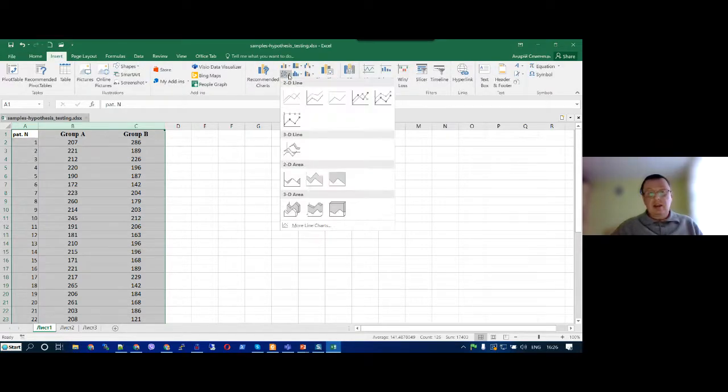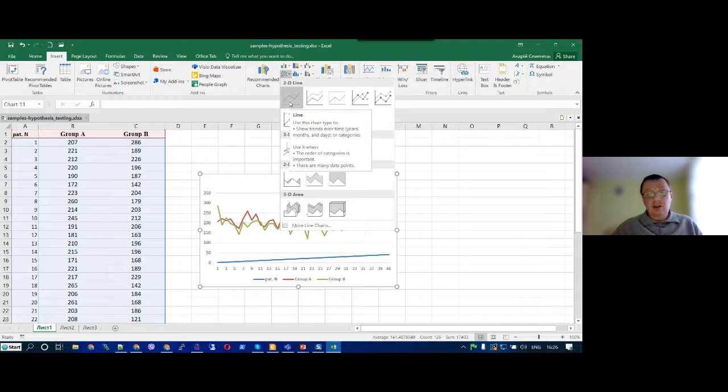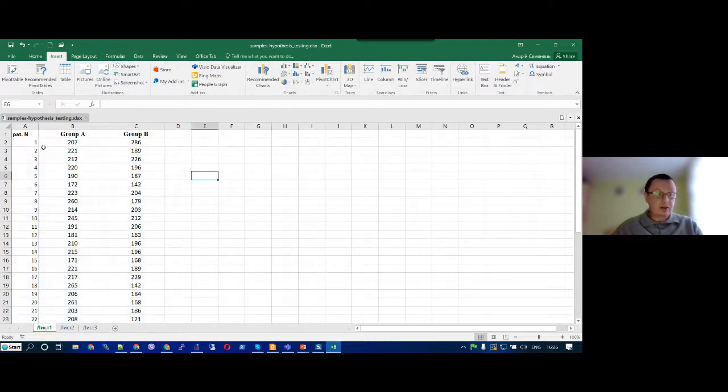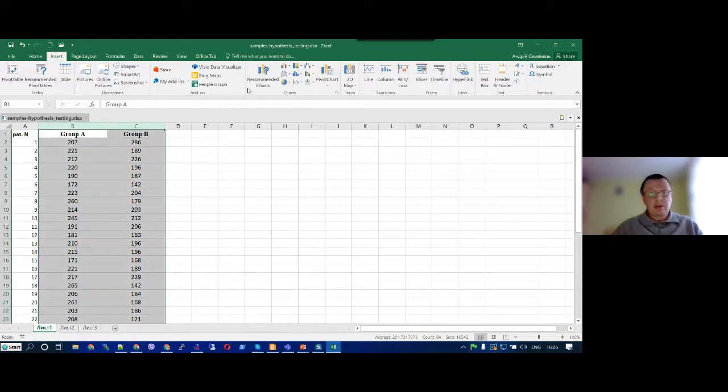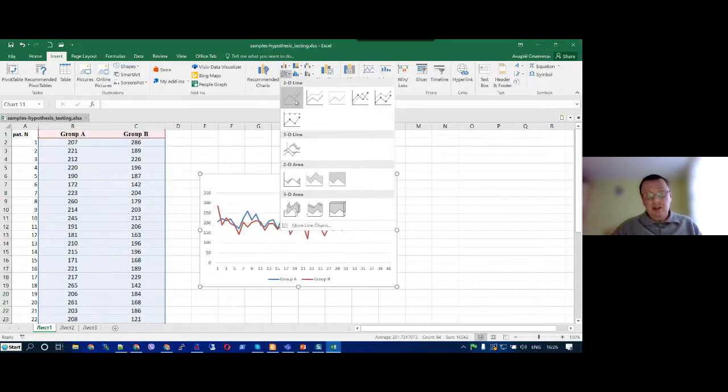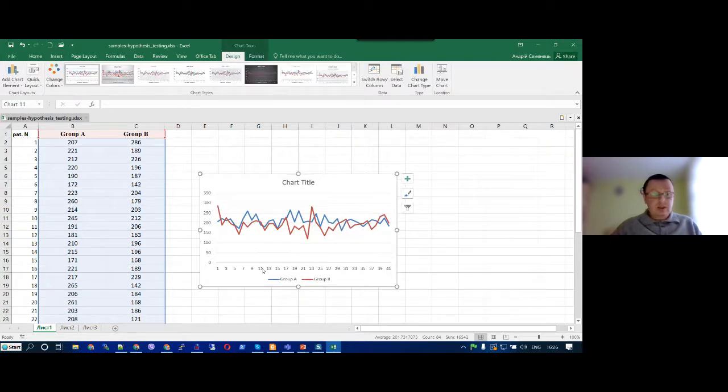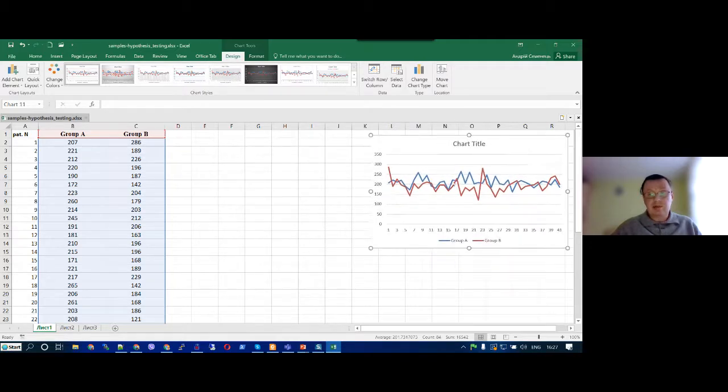We can insert a conventional line chart or bar chart, no matter, and patient number or name has to be used as x-axis labels.